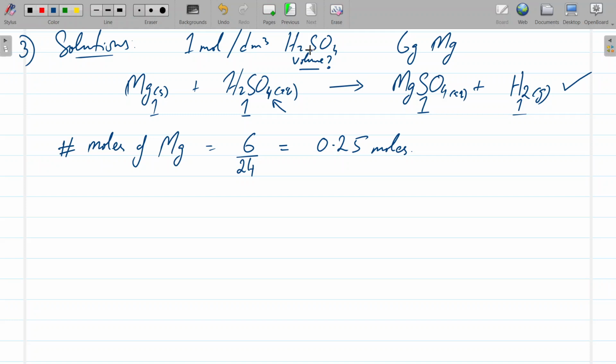Now what they're asking us is the volume. So we are having 0.25 moles of sulfuric acid reacting with the same number of moles of magnesium. How do we convert this into a volume?